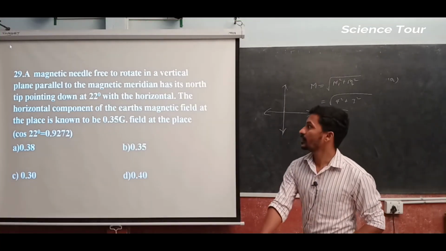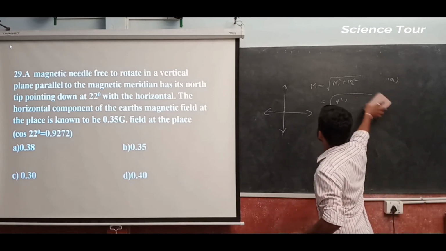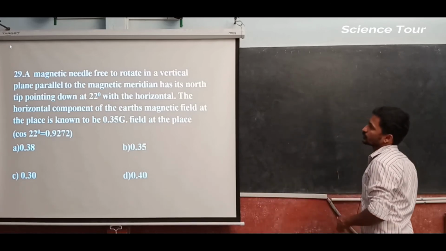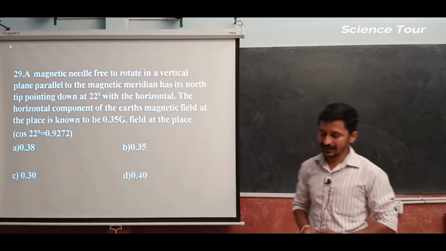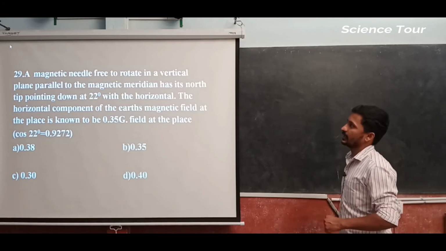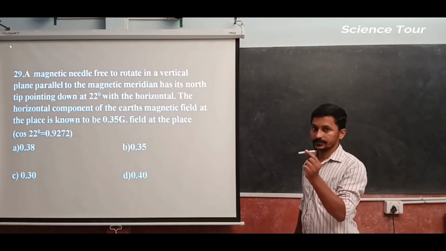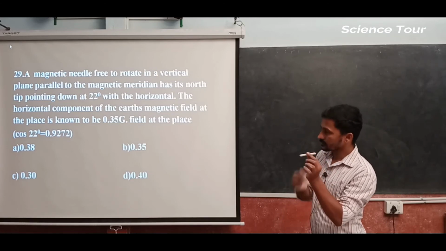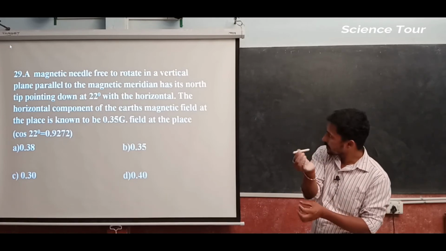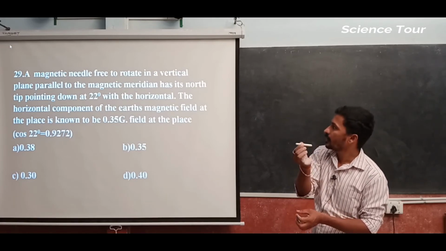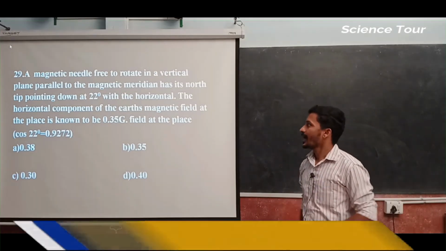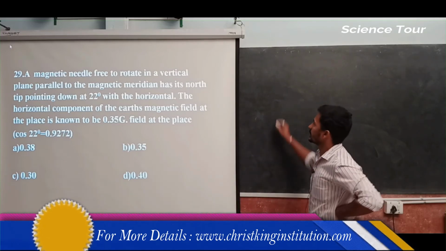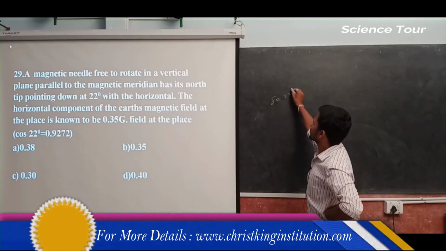A magnetic needle free to rotate in a vertical plane parallel to the magnetic meridian, means in this way, vertical plane, has its north tip pointing down 22 degree, means dip, right, 22 degree.